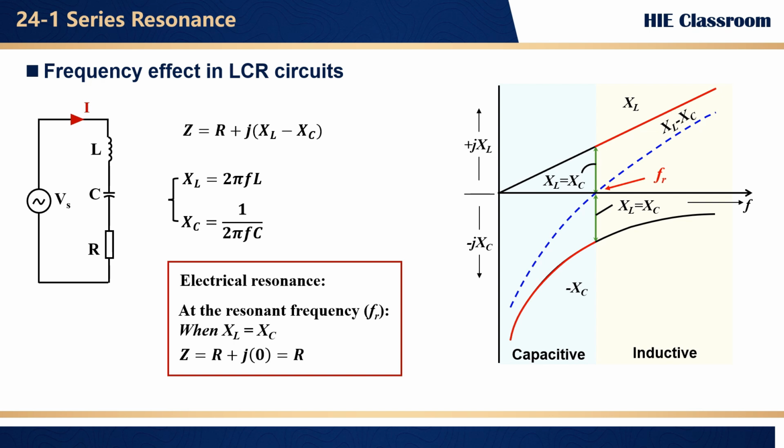That's the sweet spot, and we call it electrical resonance. This special frequency is the resonance frequency. At this frequency, the circuit hums along perfectly balanced, like it finds its happy place, everything lines up just right. So, that's the deal with series LCR circuits and electrical resonance.